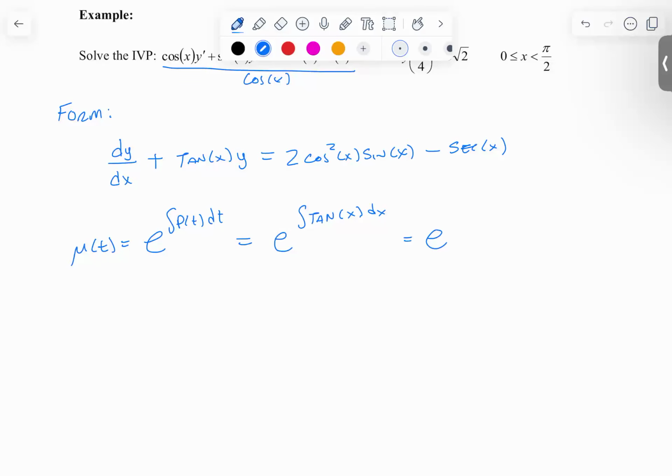They are always inverses, because one goes sine, cosine, one positive, one negative. Absolutely. That's ln.